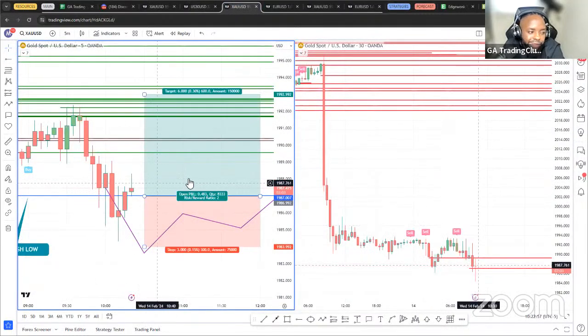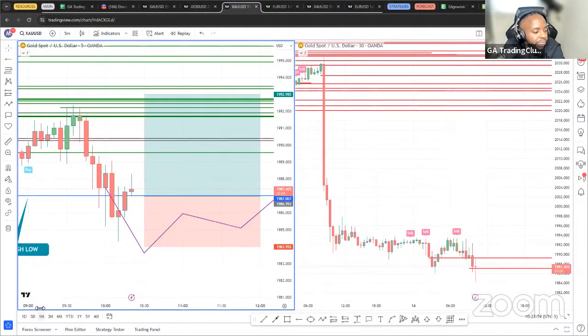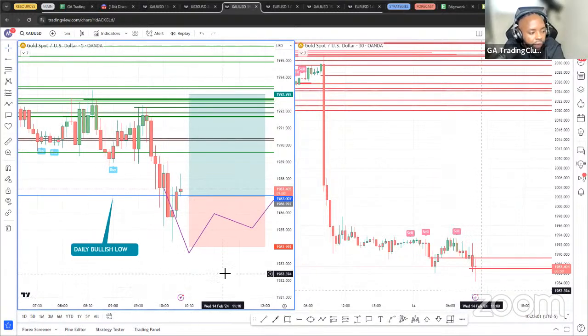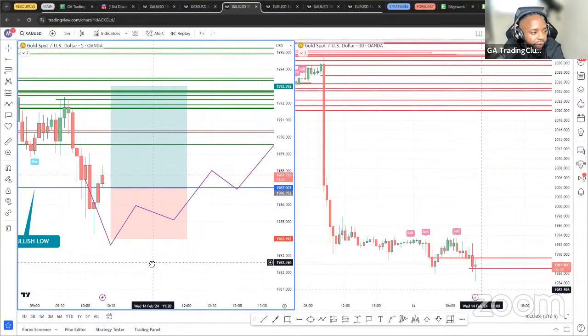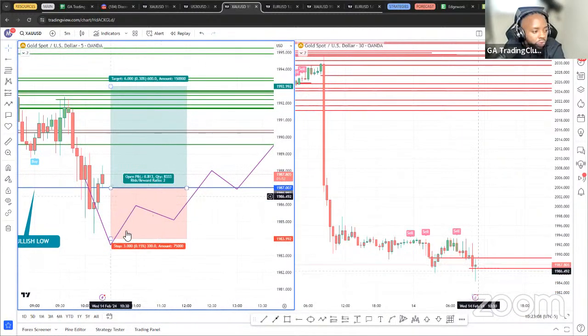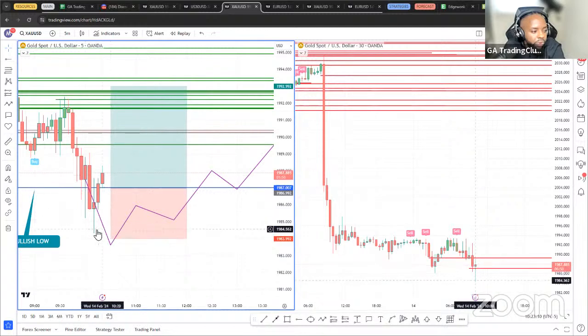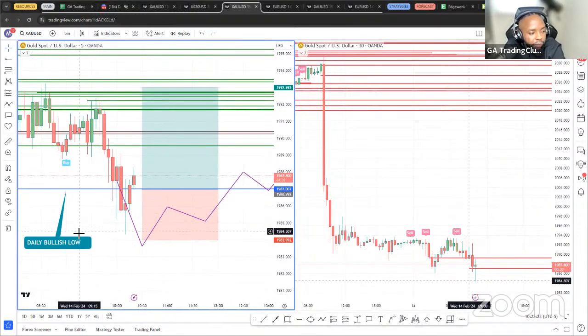So this is probably going to be my second and last trade for the day. But I just don't want to get into this trade too early. So here I'm looking at this uptrend on gold, and I'm looking to see this candle close above here, because if this candle does close above here, it will be a break and continuation as well on that daily bullish low.